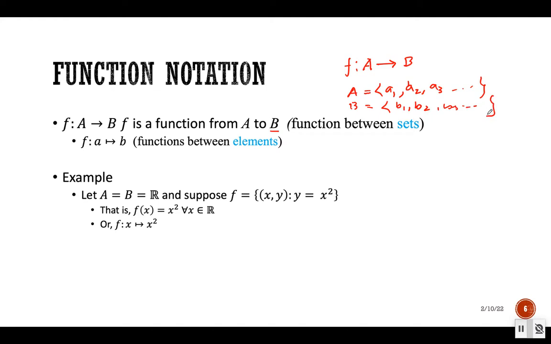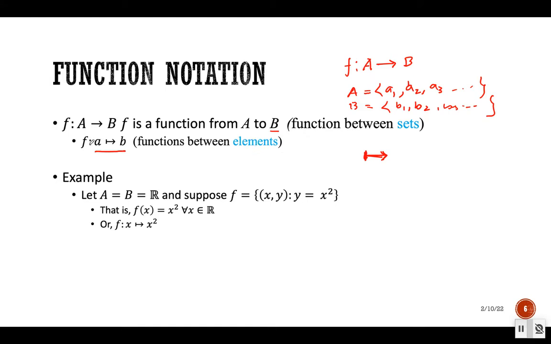Okay, we can denote a function between elements. In that case we are going to use this symbol. It's actually an arrow symbol, but with this additionally we are going to use this one. So that will define the functions between elements.